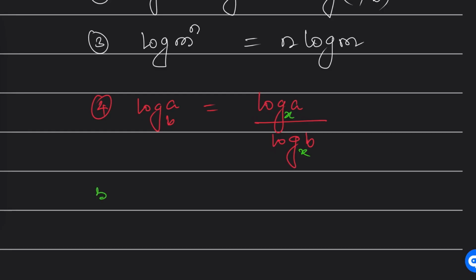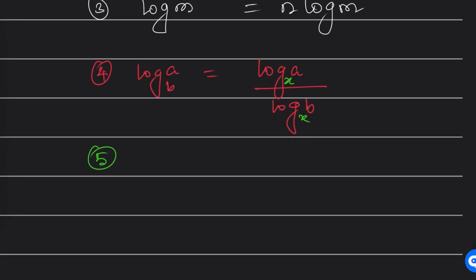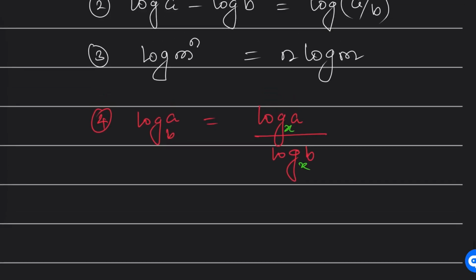Now, sir, fifth formula. Fifth formula is, if you are having an expression like this, oh, leave it, not required, sir, this formula is not required, so why make it complicated.